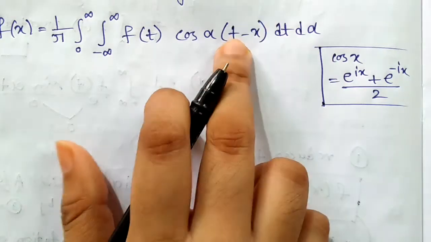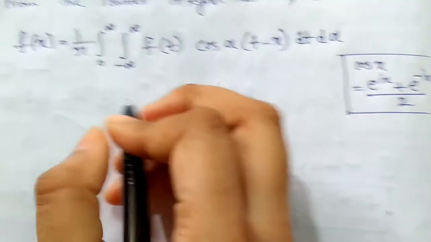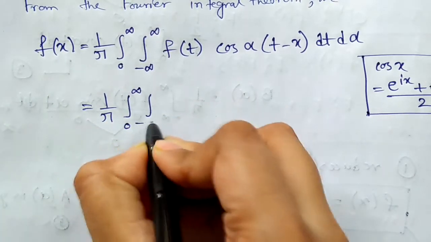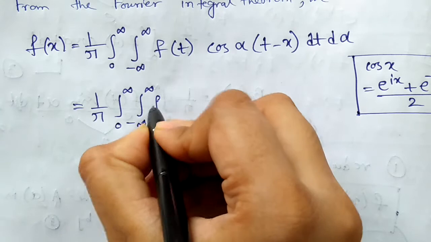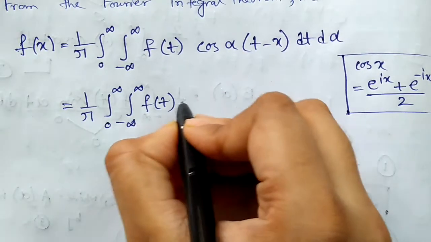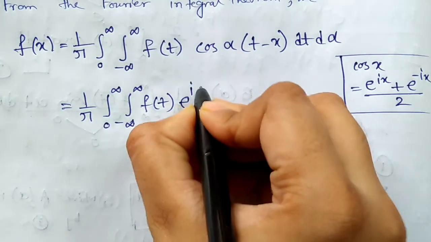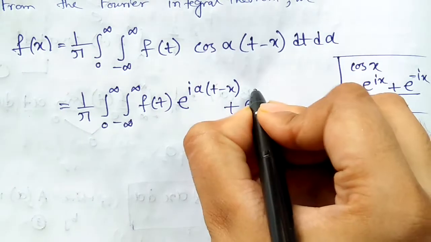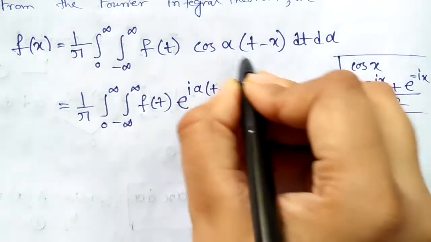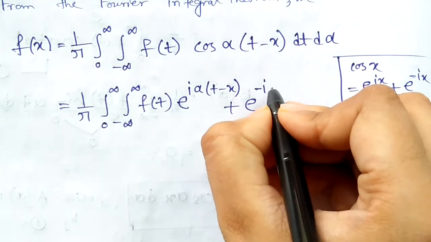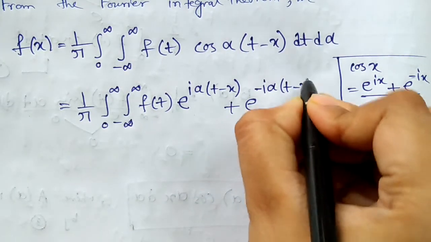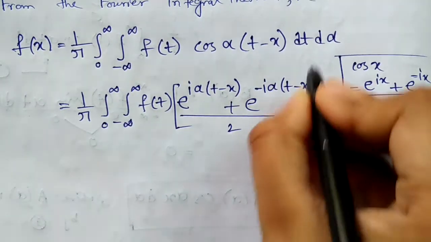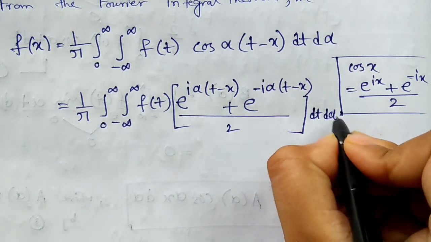Using this we can write this expression as 1 by pi, integration 0 to infinity, integration minus infinity to infinity, f(t) times e to the power i alpha(t minus x) plus e to the power minus i alpha(t minus x), by 2, dt d alpha.